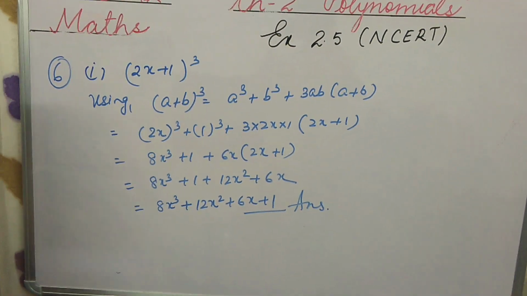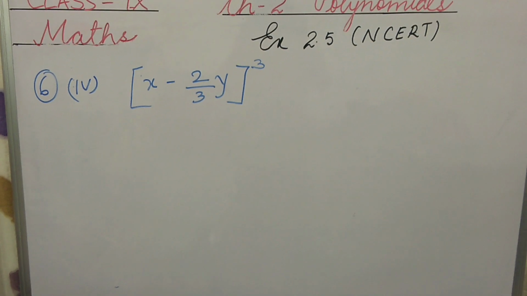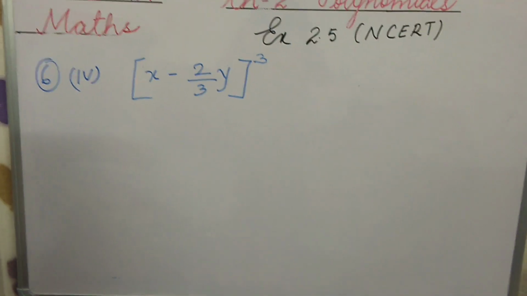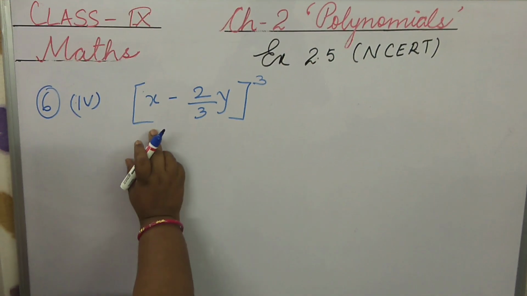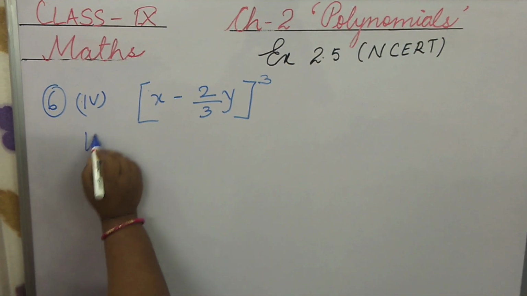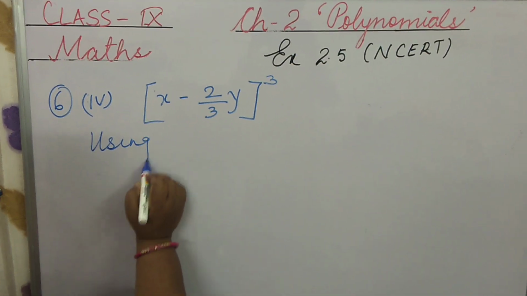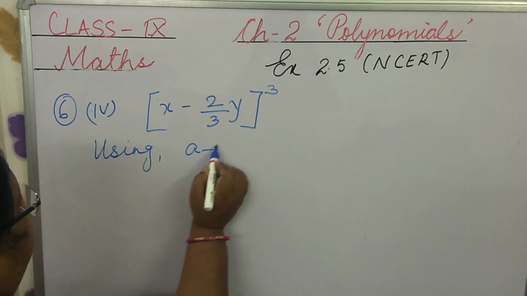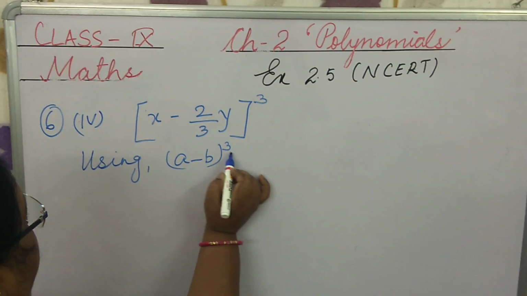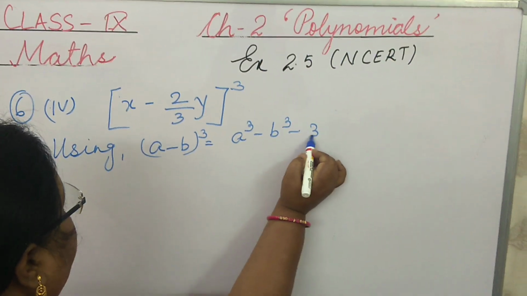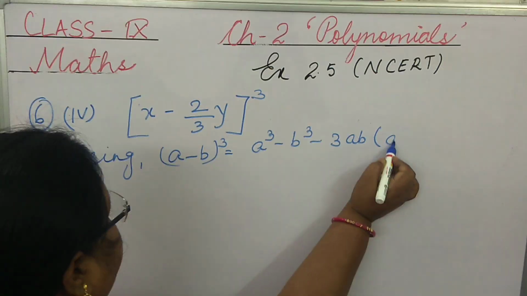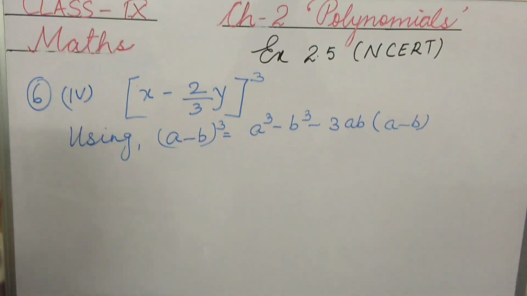So now question number 6 again, fourth question: x minus 2 by 3 y whole cube. Here it is in the form of a minus b whole cube, so using a minus b whole cube equals a cube minus b cube minus 3ab into a minus b, we will use this identity.